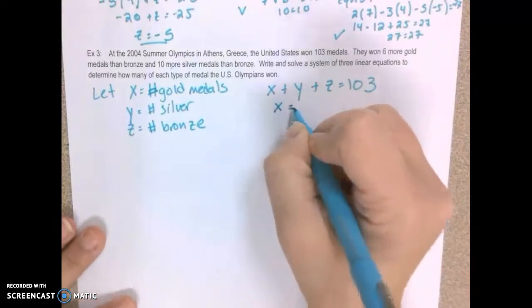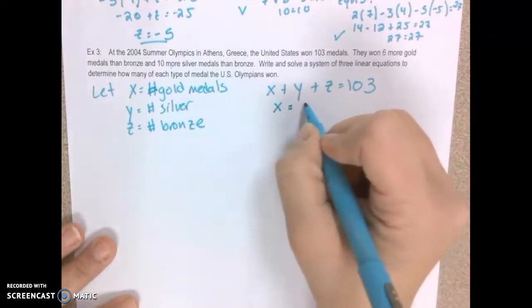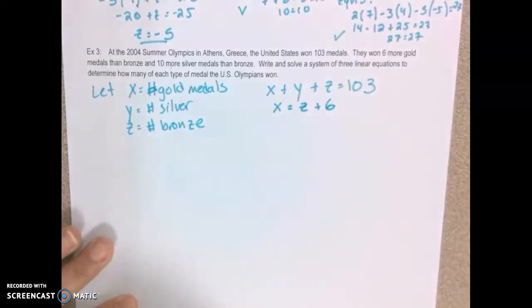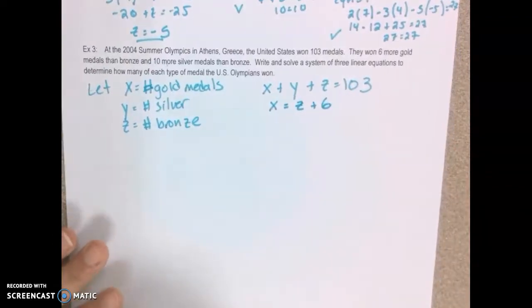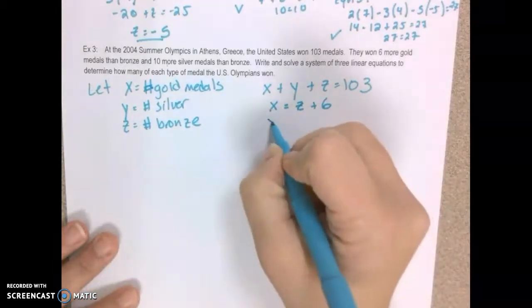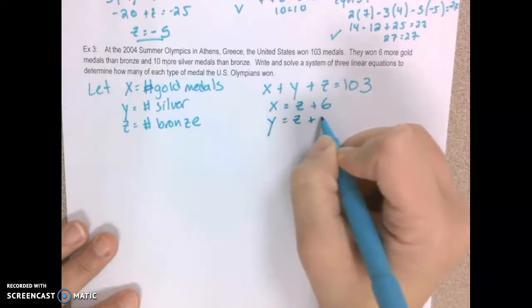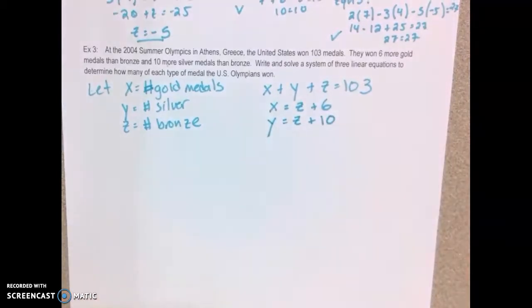So it'll be x equals z plus 6. And then it says they won 10 more silver medals than bronze. So the number of silver medals equals the number of bronze plus 10. So silver medals is y equals bronze, which is z, plus 10. Now I've got my 3 equations, my system of equations, 3 equations, 3 variables.